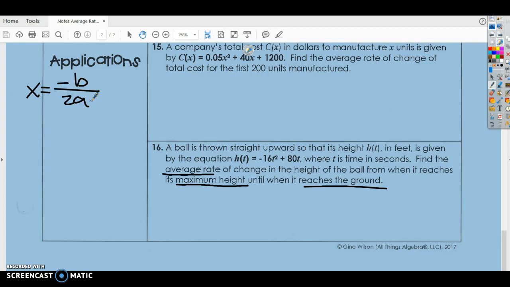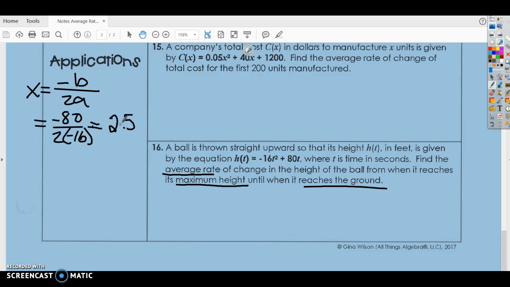Okay? So, for this equation, negative b would be negative 80 over 2 times your a value, which is negative 16. Reduce that, I get negative 80 over negative 32, which is about 2.5 seconds.